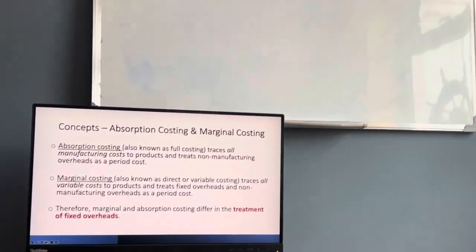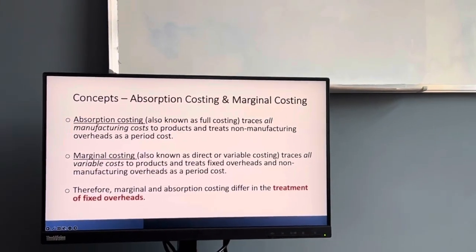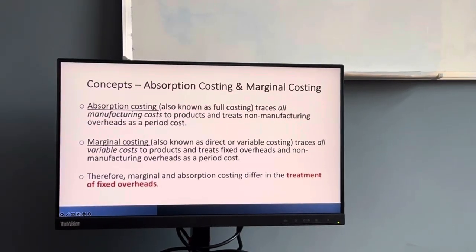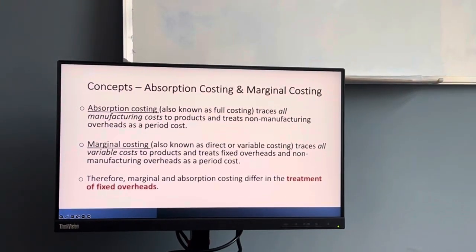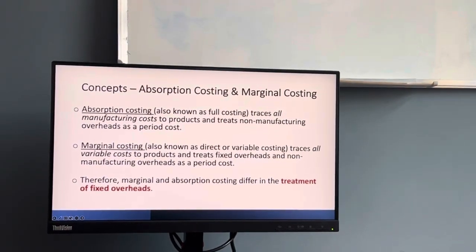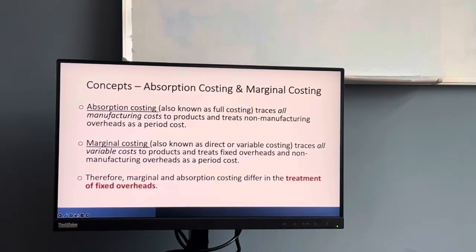Right, when we talk about absorption costing or marginal costing, what are we actually referring to? Well, if we think about a manufacturing company and determine the production cost for this company, we need to break down a few things.